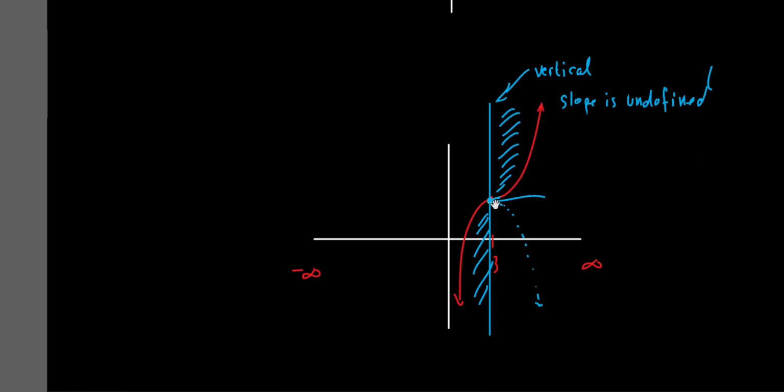So this point right here, let's go back to this. This point right here is a critical point because if I draw a vertical line to it, it splits this into 2. We call that a point of inflection.